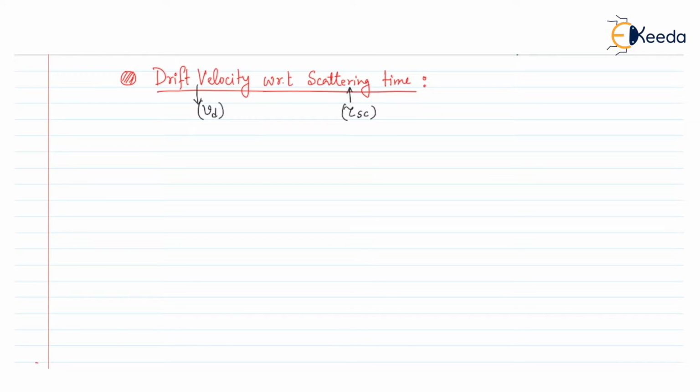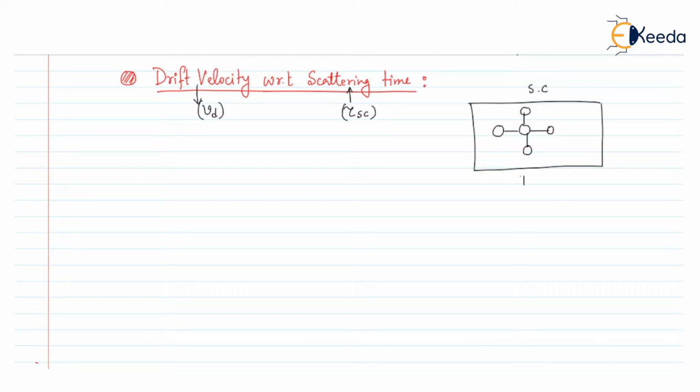For that, suppose this is a semiconductor bar. There are so many atoms bonded in this fashion, and this structure of atoms will be repeated throughout the semiconductor.